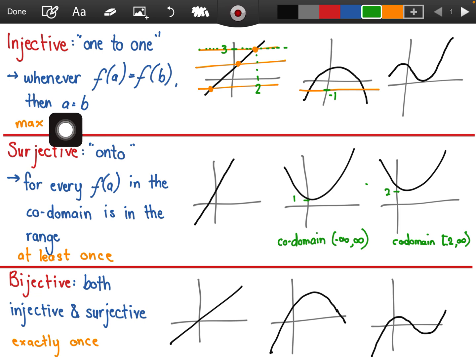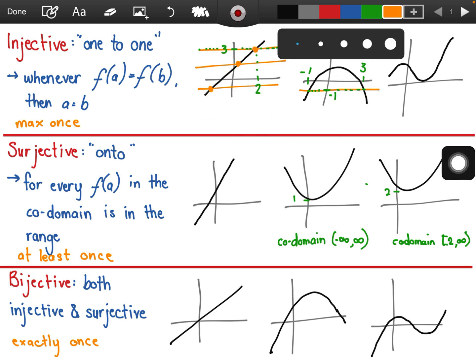For a y value of -1 to be the output, I could have an input of, let's say, -1, or I could have an input of 3. So to have an output of -1 equal to an output of -1, I don't have to have the two inputs being the same. I could have had an input of -1 and an input of 3.